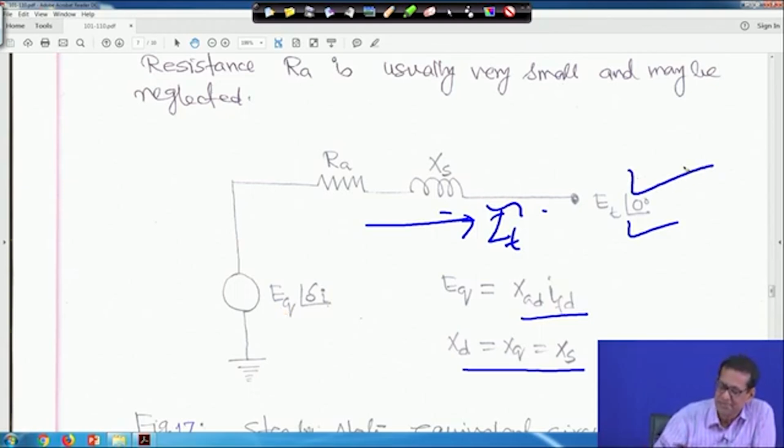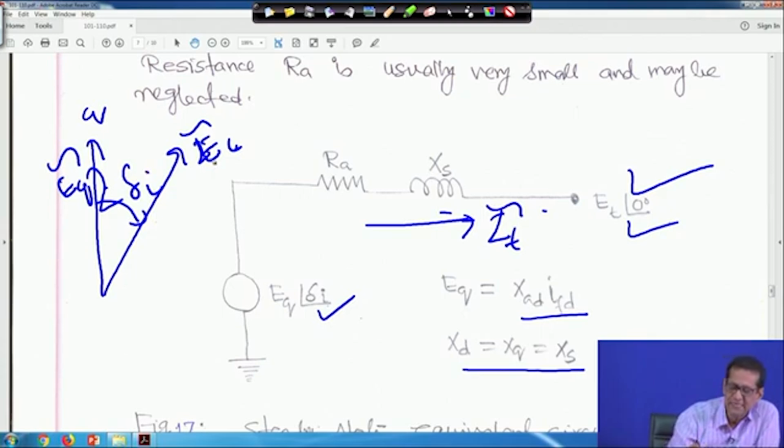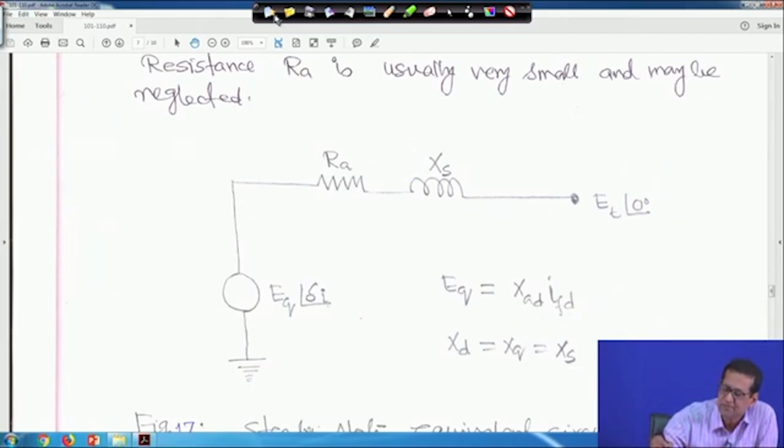If you take E_T as the reference, E_Q leads E_T by an angle delta I, because this was the q axis, this was E_Q, this was E_T, and this angle was delta I. That is why we have written E_T angle 0 and E_Q angle delta I. If you want to put j, you can put it here. But generally for a machine R_A is very small and can be neglected. This is the steady state equivalent circuit.